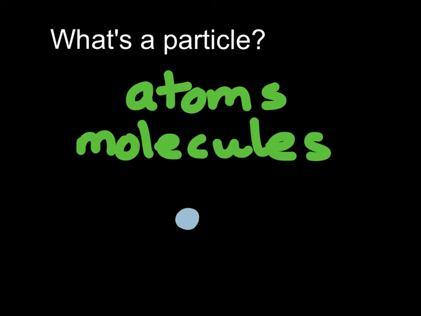So it doesn't really matter if I'm talking about an atom or a molecule. I'll still refer to both things as particles, and I'll draw them like that. The difference being that a single atom really is just one piece, whereas molecules, like water, actually contain several pieces.